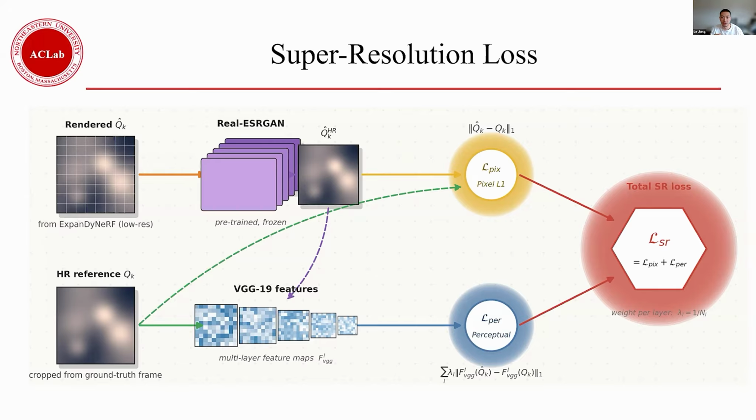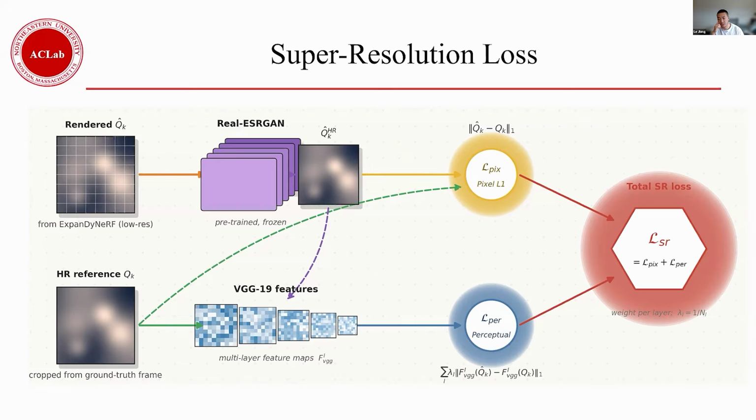is then compared at two levels. One is the pixel-wise L1 loss in the golden node, and the other is the multi-layer VGG perceptual loss in the blue node. Both contribute to the final SR loss budget on the right.